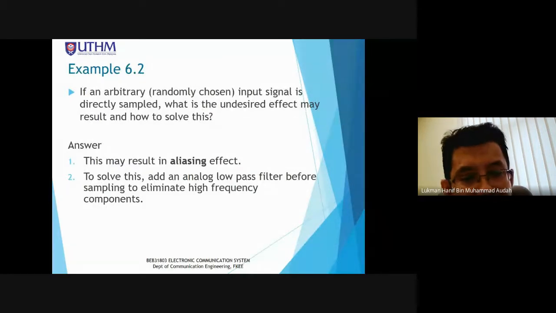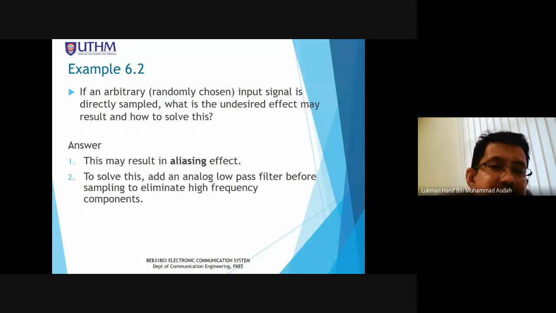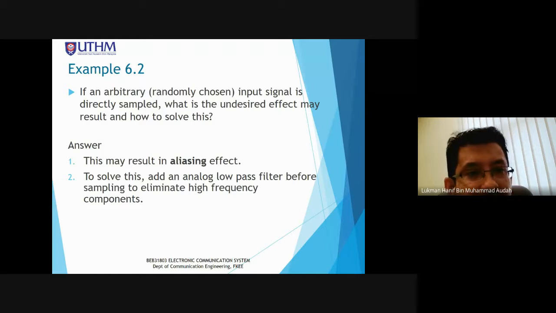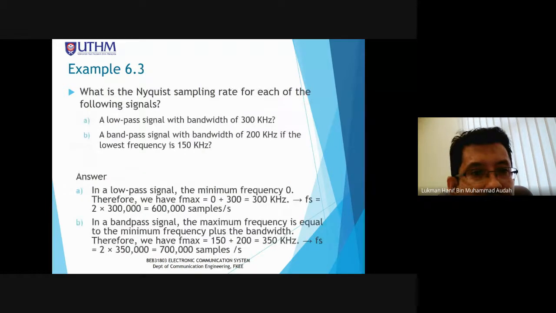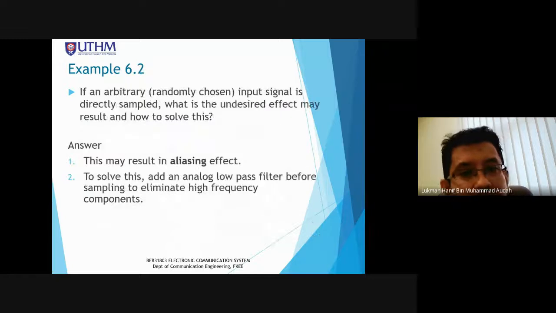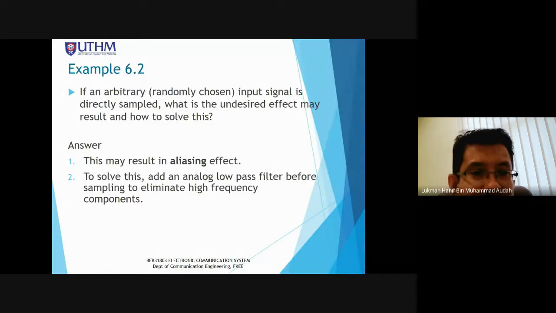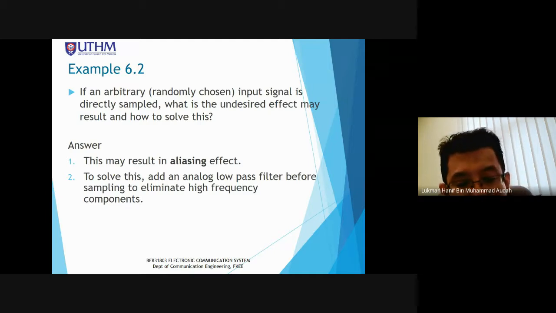So if an arbitrary randomly chosen input signal is directly sampled, what is the undesired effect may result, and how to solve this? Okay, kalau kita pilih sebarang input signal dan kita sample, akan berlakunya aliasing.